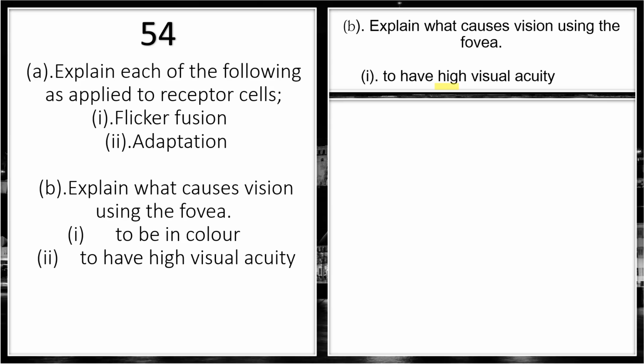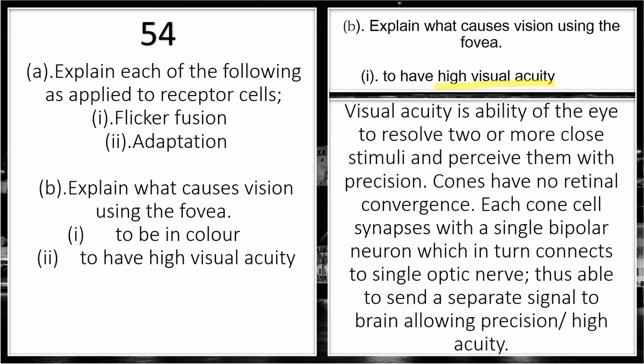To have high visual acuity. Visual acuity is the ability of the eye to resolve 2 or more close stimuli and perceive them with precision. Cones have no retinal convergence.